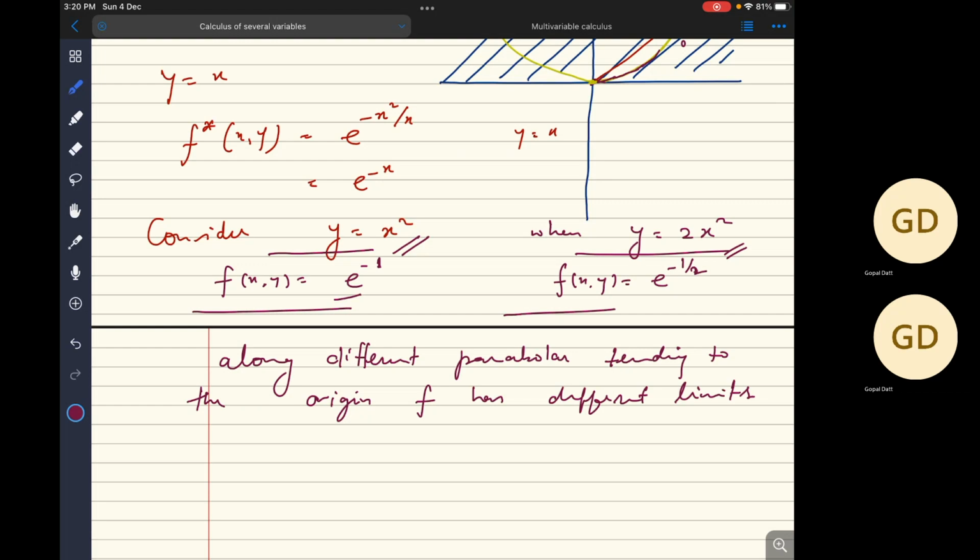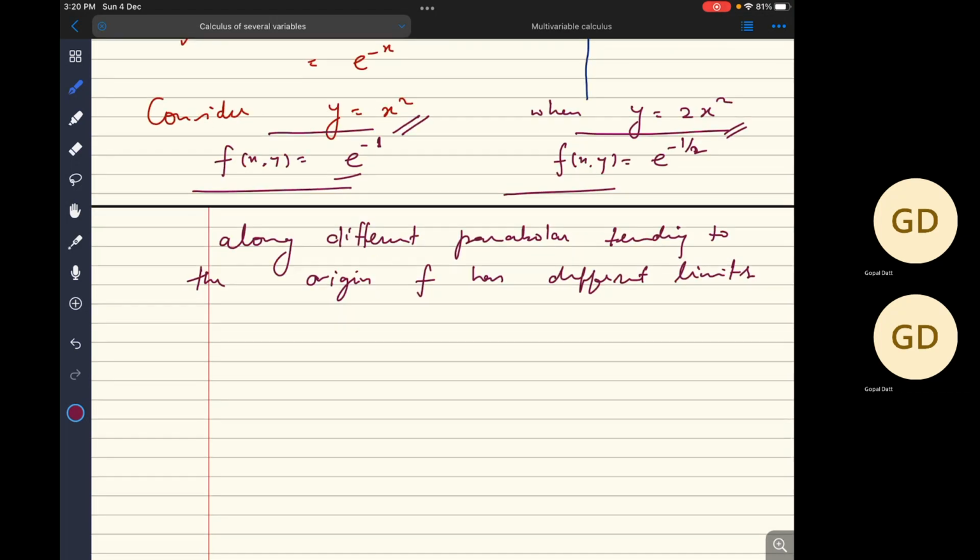We are not getting a single limit. So this means f is not continuous.